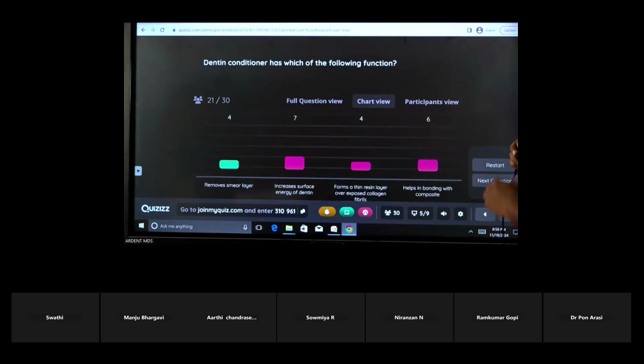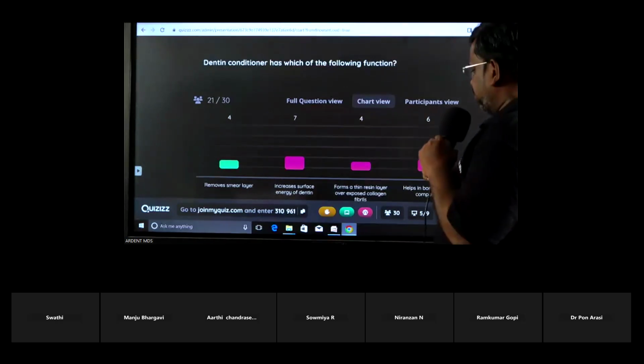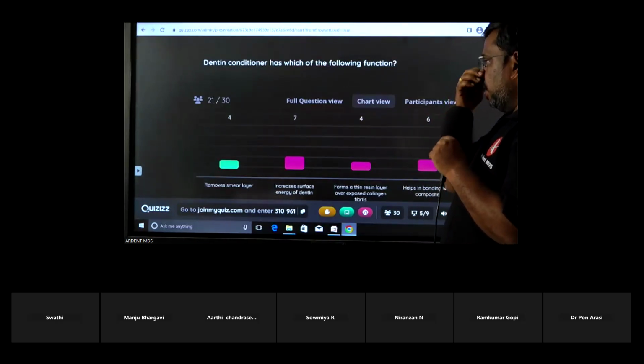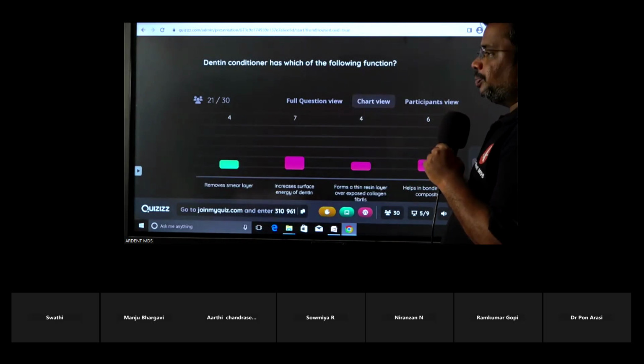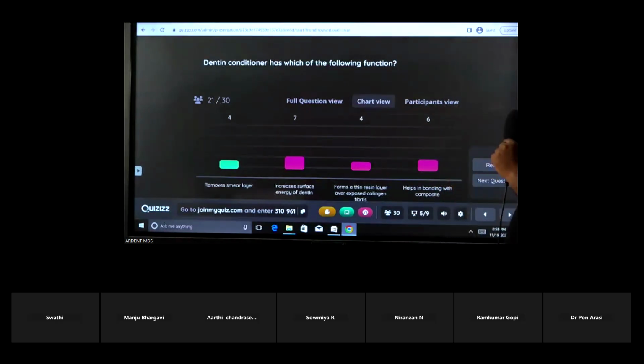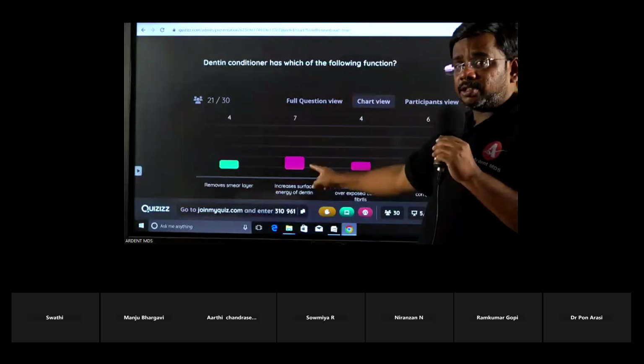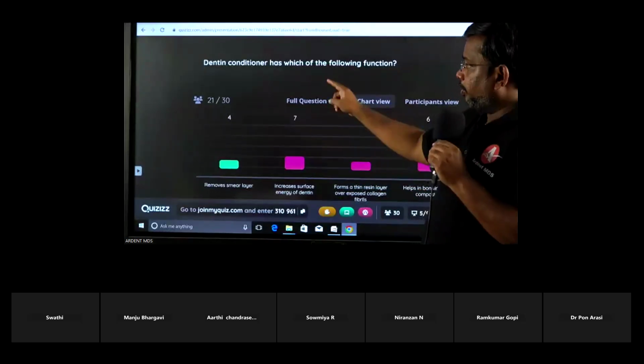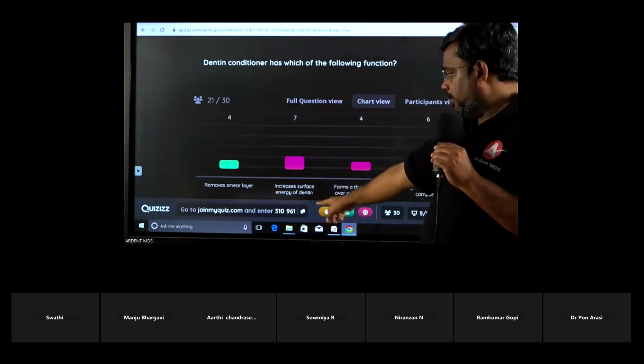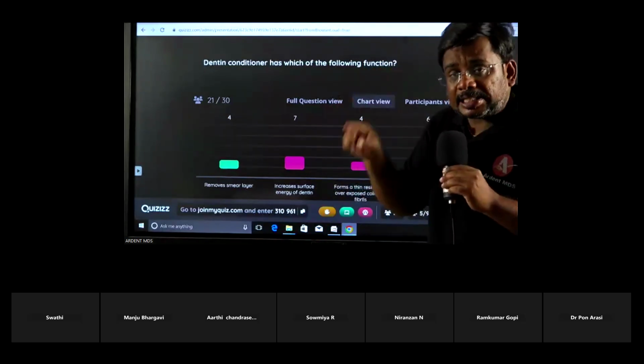Right. So the answer for this is removes the smear layer, dentin conditioner. Increases the surface energy of dentin, I told you it is wrong, wrong, wrong. If you do the conditioner or etchant on dentin, it decreases the surface energy.